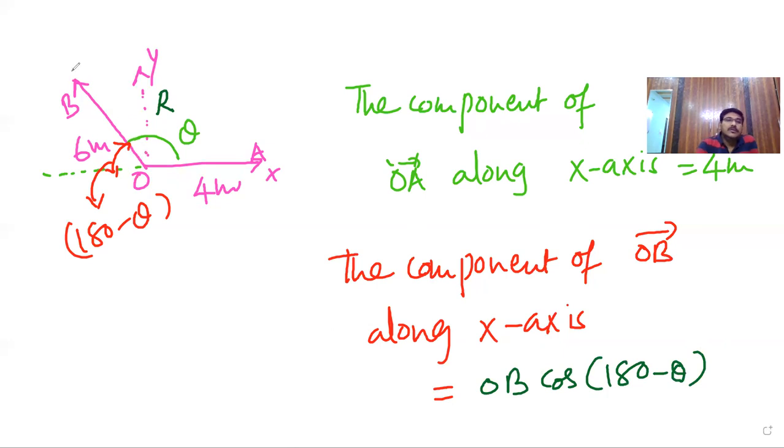I am splitting it. Cos of 180 minus theta is minus cos theta, because in the second quadrant it is minus.